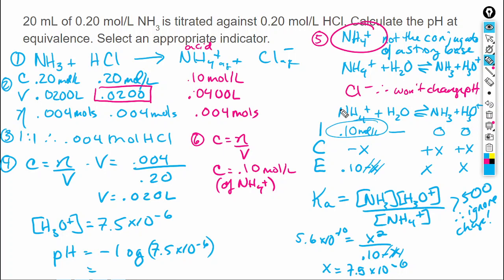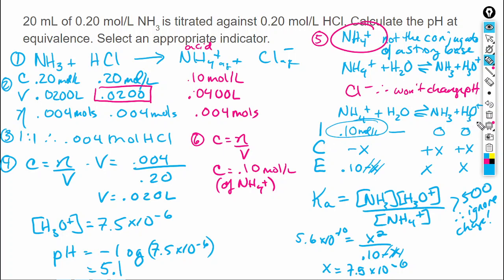Did anyone do the negative log of 7.5 times 10 to the negative 6? 5.1? Okay. Excellent. So 5.1 is our pH. And that makes sense. We know it should be a little bit acidic. We already looked at this ion and saw it's going to make an acid.